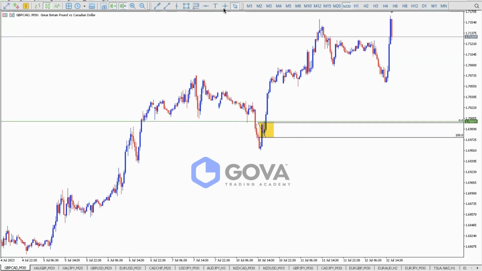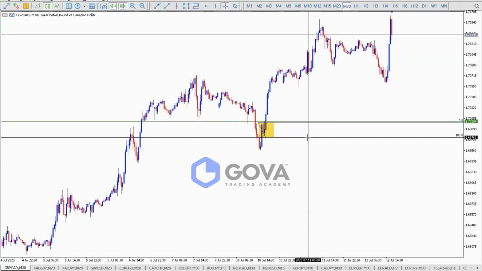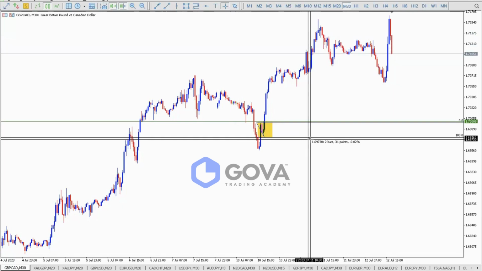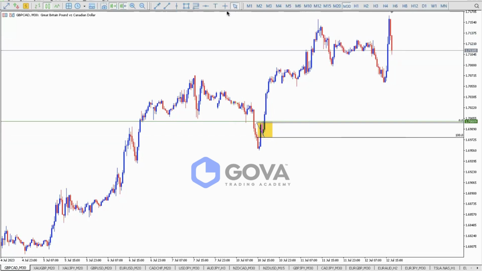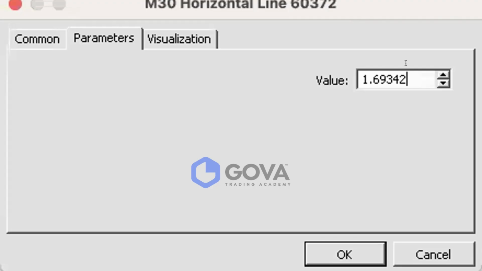Let's calculate the 3 pips again because I forgot the figure. The 3 pips is going to be 1.69730. So let's pick up the horizontal line again and input 1.69730 in the parameters, then click enter, click on OK.